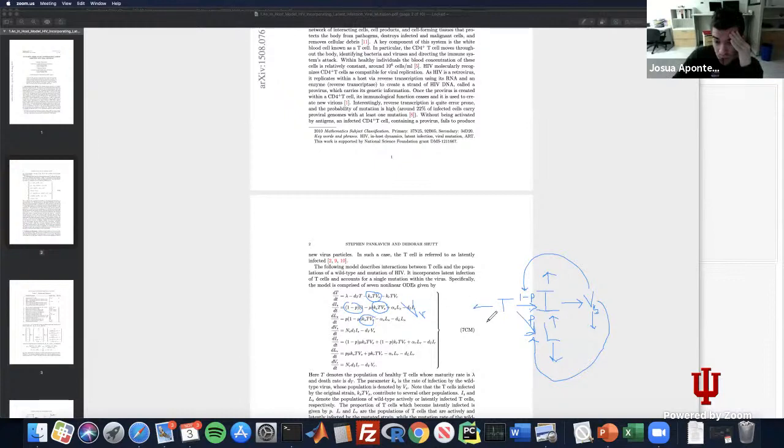So cells can become infected by either the wild type or the mutant virus.